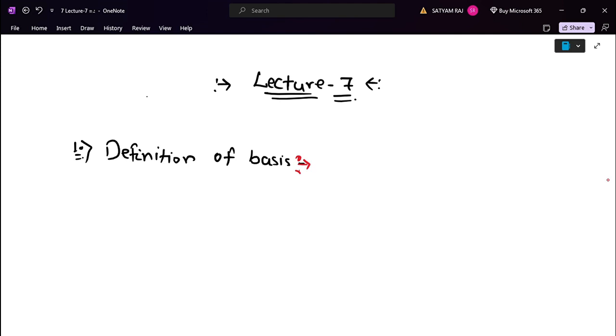In this lecture, first we will discuss the definition of basis. So let V over F be a vector space.